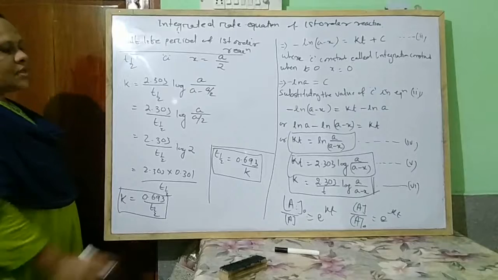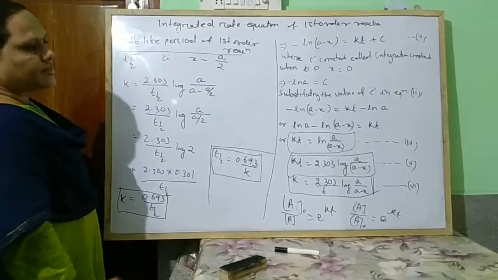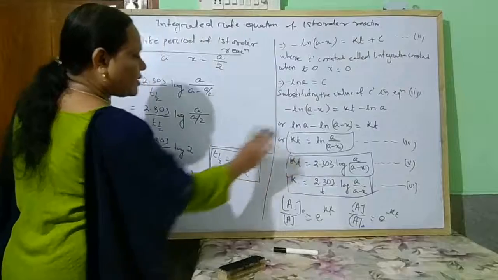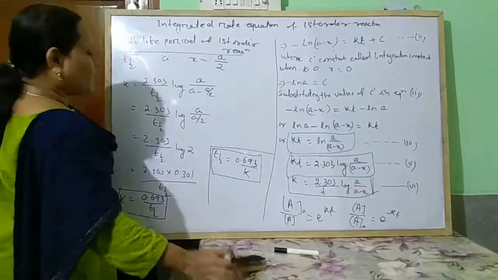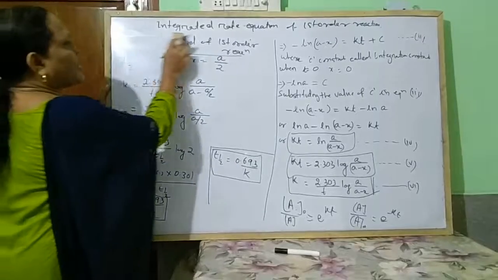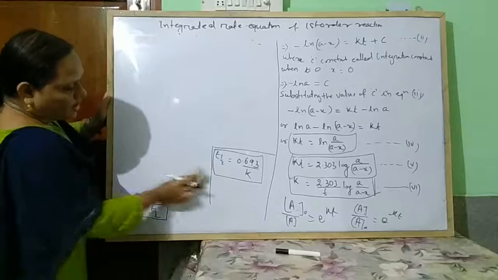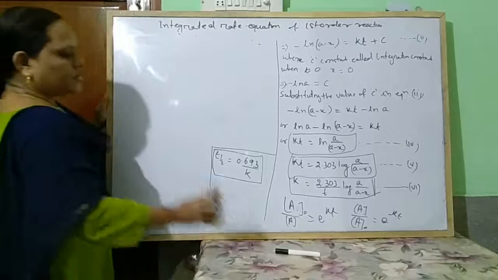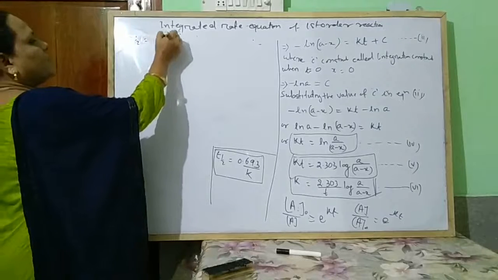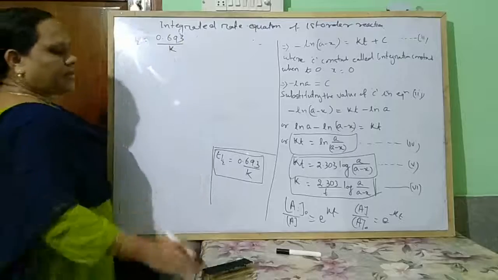These equations are important. So t half equals 0.693 by k.